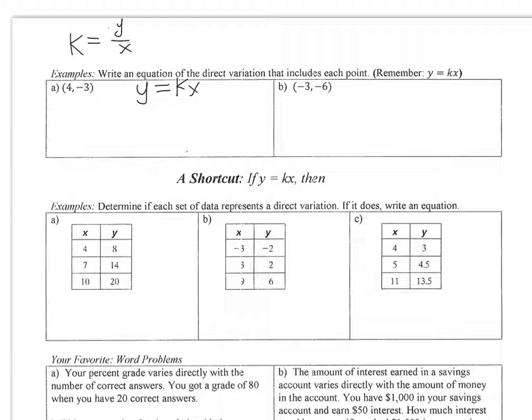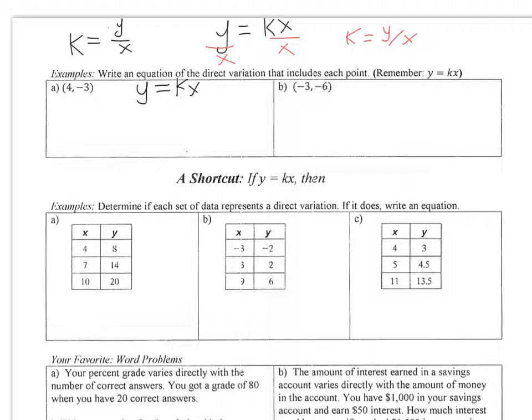Now that comes from manipulating y equals kx. If you solve for k, you divide both sides by x, so k would equal y over x. It's kind of like the cost per gallon.